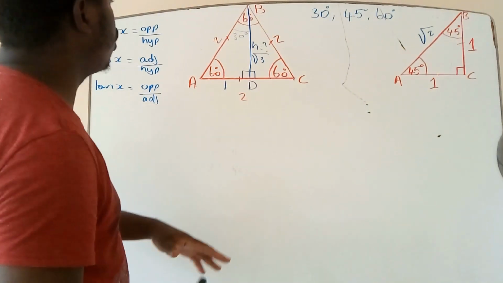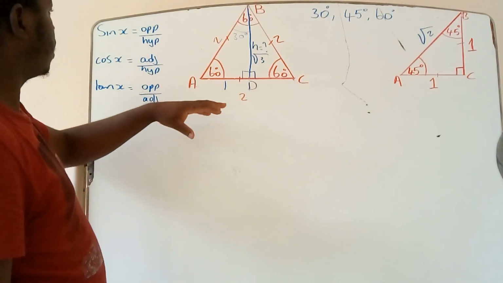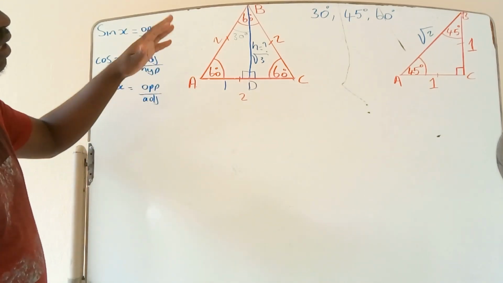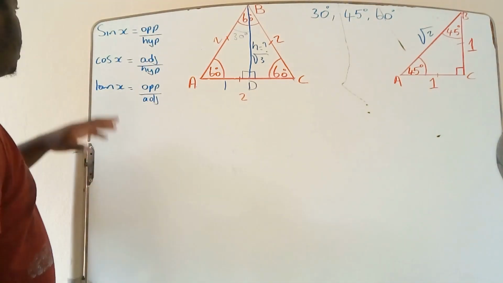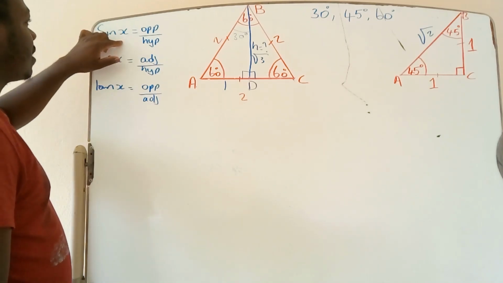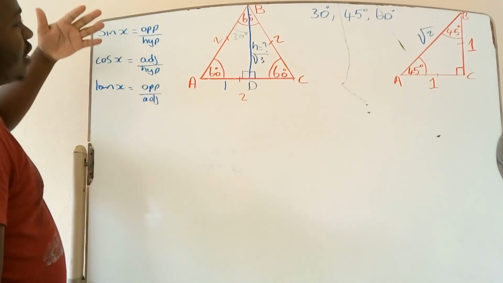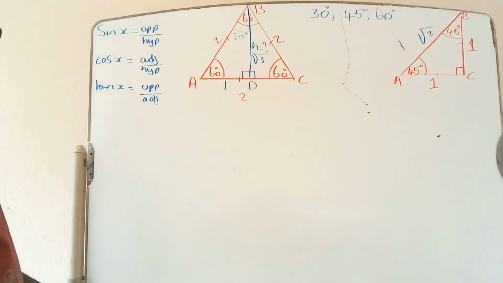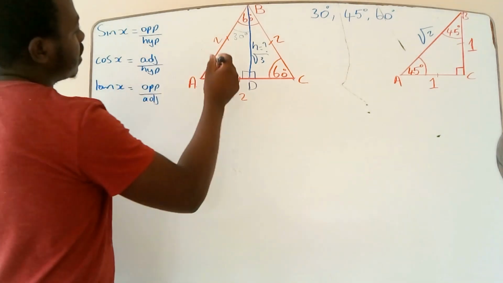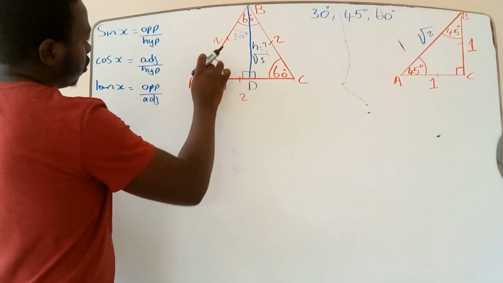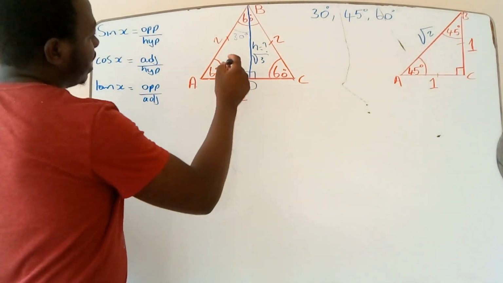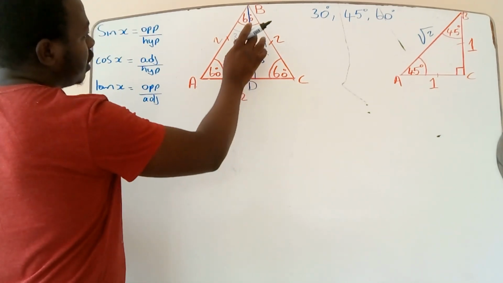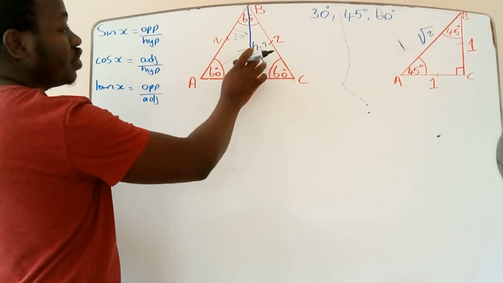So, let's see now if we can use these ratios to determine what sine 30 would be based on these triangles. Now, here we know that sine of an angle is equal to the opposite length over the hypotenuse, right? Now here, let's focus on this 60 degrees right here. We know that opposite to this 60 degrees would be this value over here, which is the height of the triangle, which is root 3.